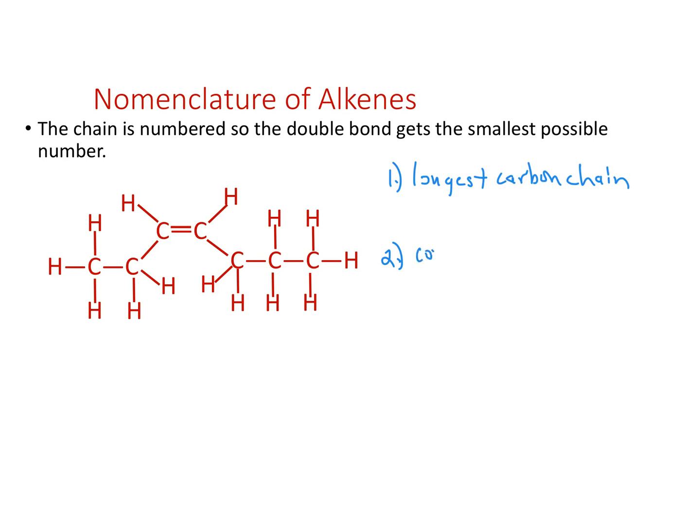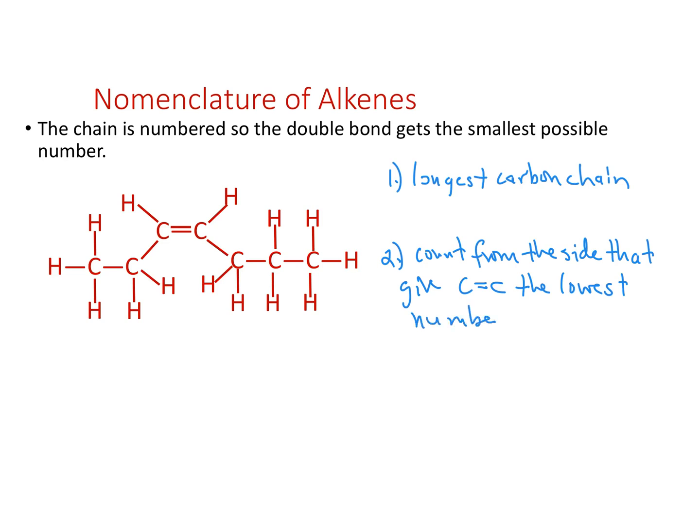So we want to count from the side that gives the carbon double bond the lowest number possible. So we'll do 1 and 2 right now, longest carbon chain.